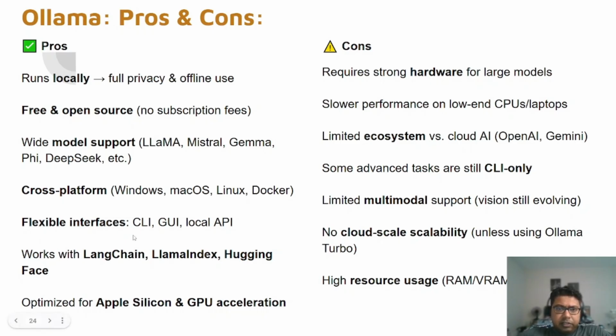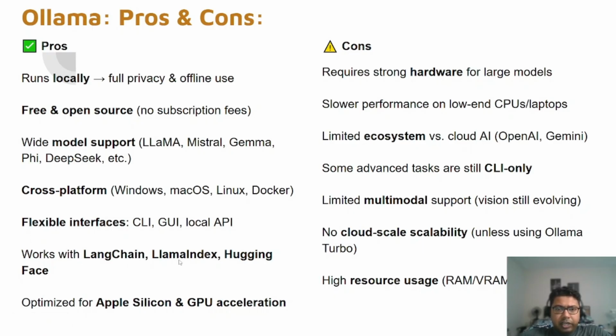Flexible interfaces: we have CLI, GUI, local APIs. No cloud scalability support. Obviously it's not cloud based, so there is no cloud scalability support, and we don't need that. Actually, I don't want to agree with this one as a con. Basically this is a pro, because we can use it locally.